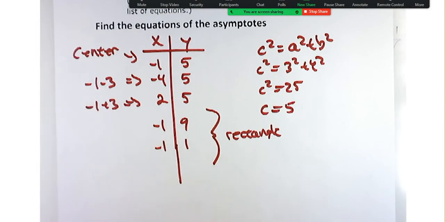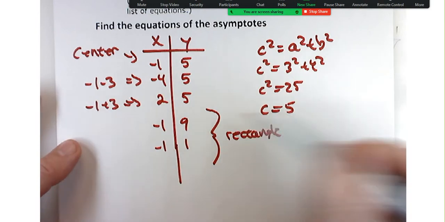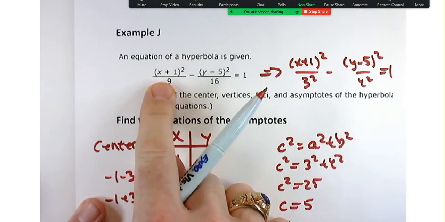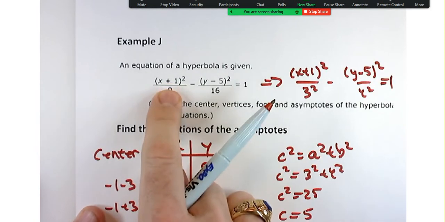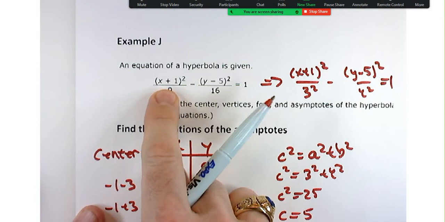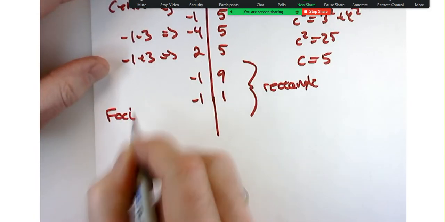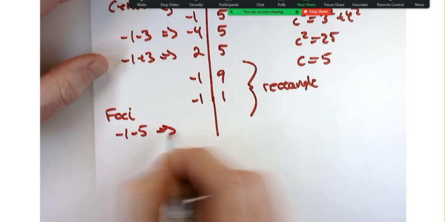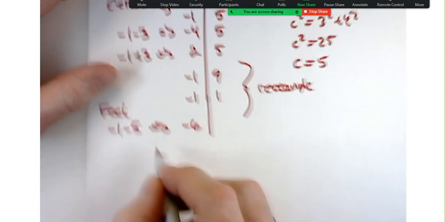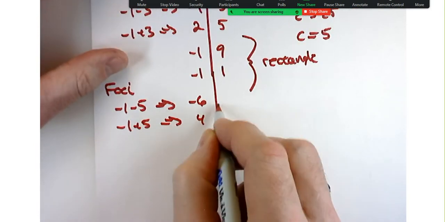Now the foci are going to lie along the major axis or the transverse axis. That's going to be along the x direction. So I'm going to move 5 from the center to the left and 5 from the center to the right. So the foci are going to be negative 1 minus 5, that's going to be negative 6, and negative 1 plus 5, that's going to be 4.